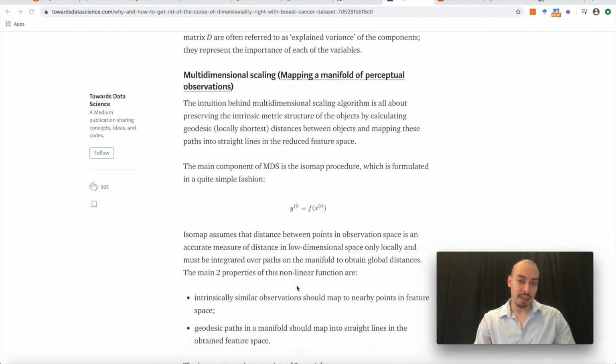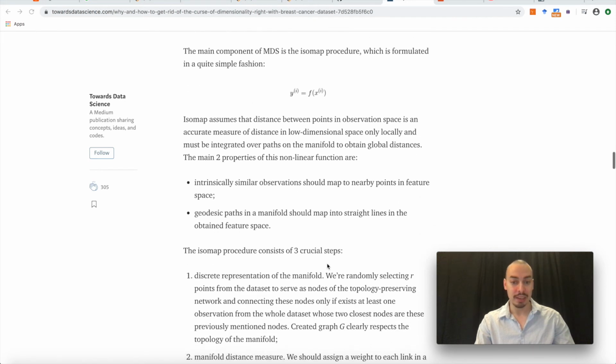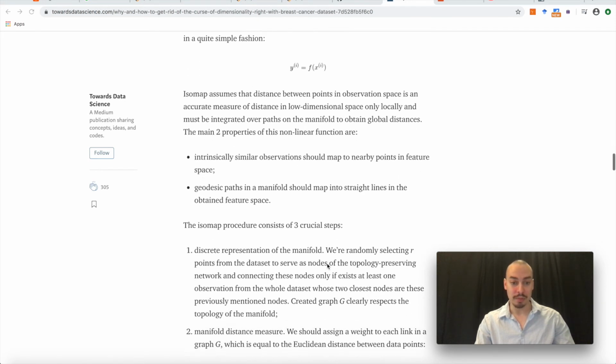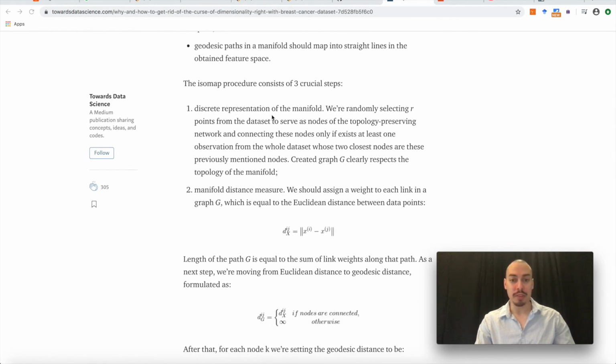Multidimensional scaling is another approach that you can use. It applies a function f to each component of your dataset vector, and creates a mapping algorithm that consists of three steps. First is a discrete representation by choosing some points of your dataset and coming up with the manifold distance measure on your discrete graph.